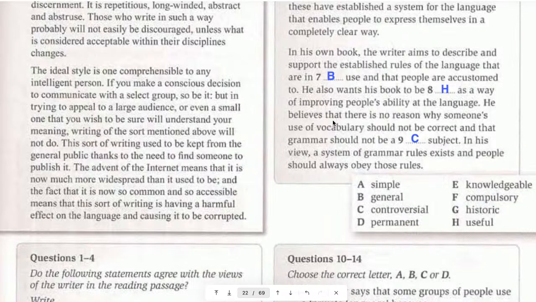Here he said that there's no reason why someone's use of vocabulary should not be correct. That means the use of vocabulary must be correct. And the grammar should not be a controversial subject. That means people should not argue about grammar anymore, because the rules are there and everyone must follow them, so they don't need to argue, because there's only one rule and one person must be right.